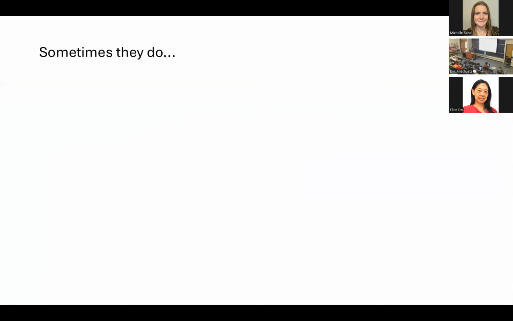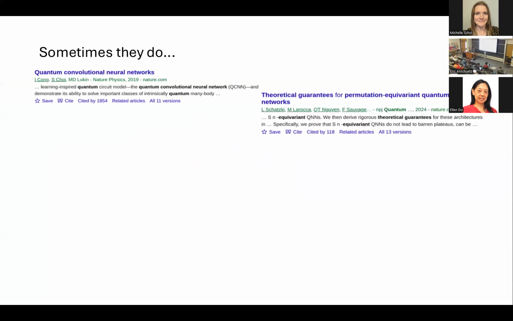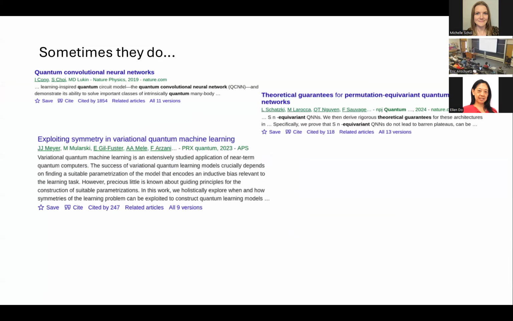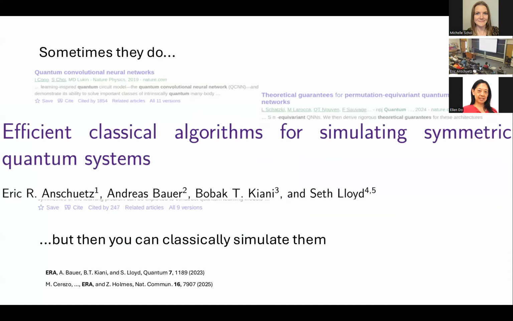There are some tricks to get around them that were also influential for the last 5-10 years, but it turns out in these cases, you can come up with classical algorithms, so algorithms that run on your laptop, that efficiently simulate these tricks to get around this negative result.